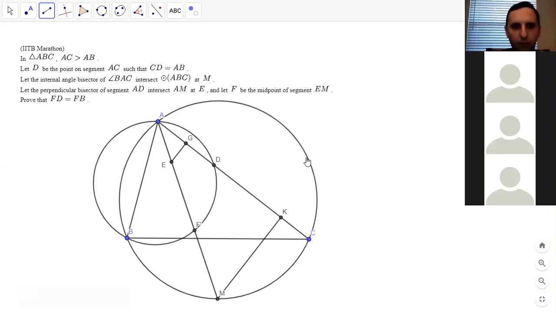Can we use power of a point somehow? So the power of C with respect to the circle is CD times AC, which would be AB times AC.